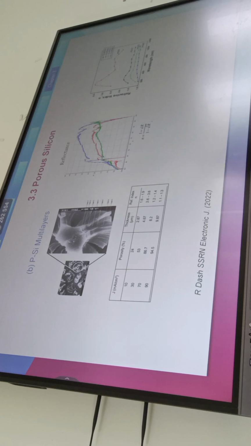AFM image of the 7 layers, and accordingly we have given the graph between the refractive index and the percentage R, which gives the reflectance graph. And we have also done the wavelength versus refractive index graph for different materials, meaning the PS10 different materials.